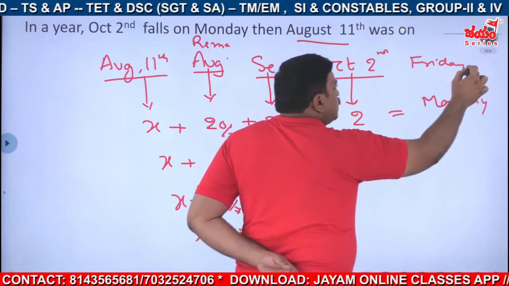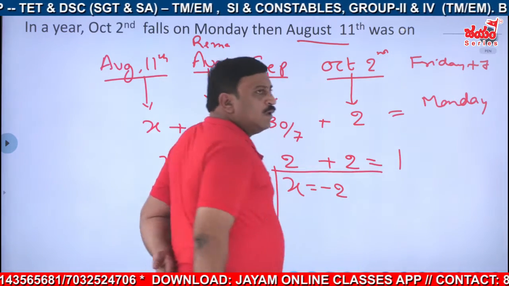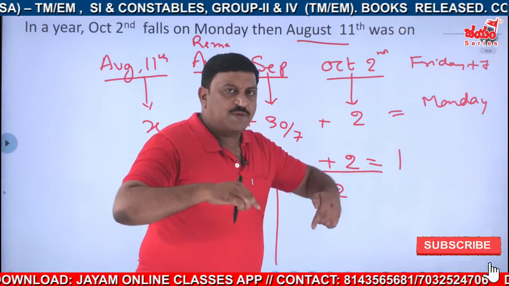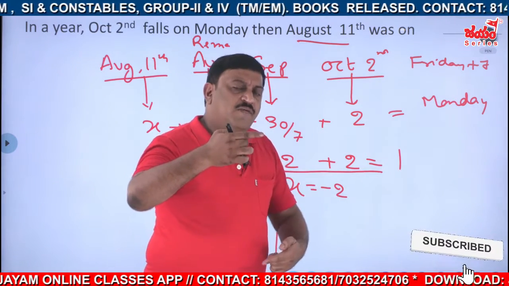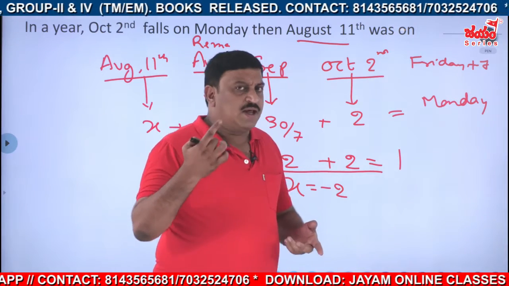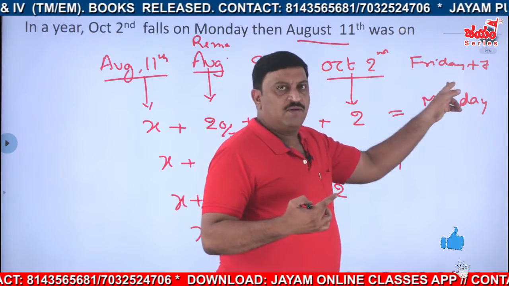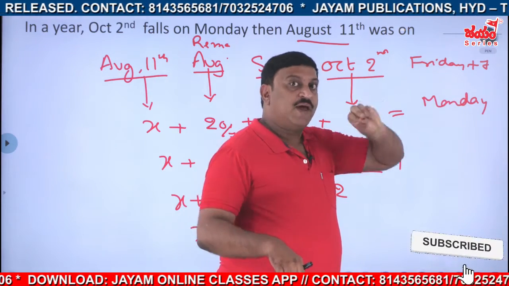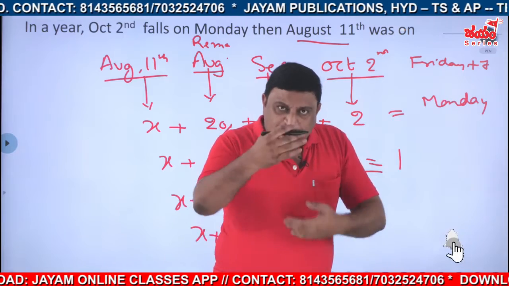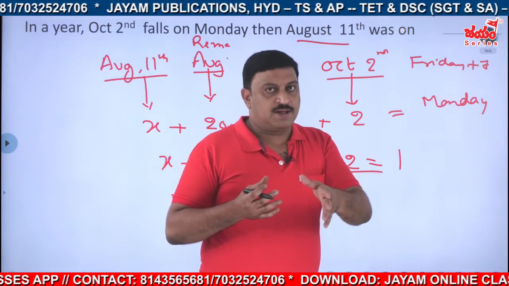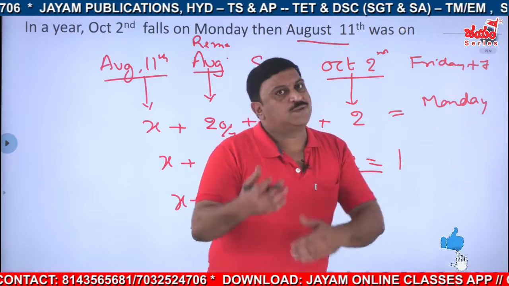If you add 7 days to it, will you get the same day Friday or any other day? Friday, that is 5. 5 plus 7 is 12. 12 again divided by 7 gives 5. Again Friday will come. So to get the same day, how many days do you have to add? 7 days.